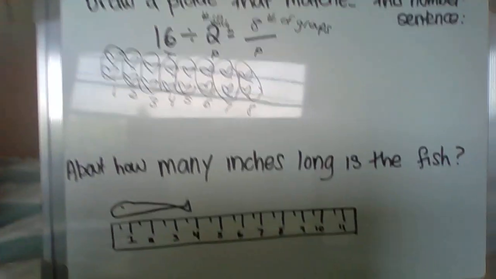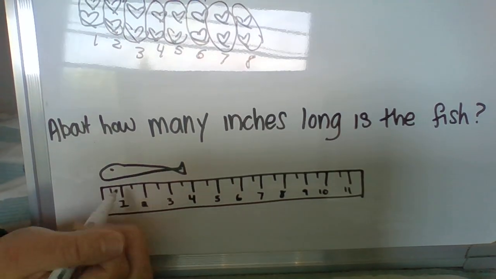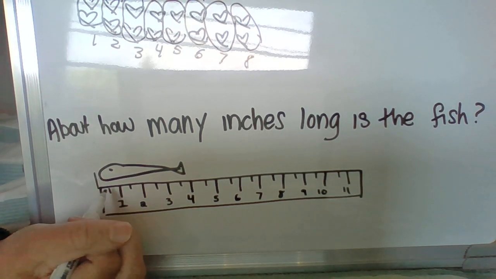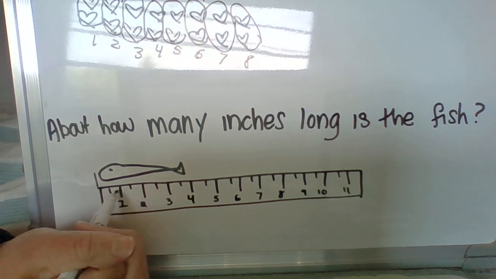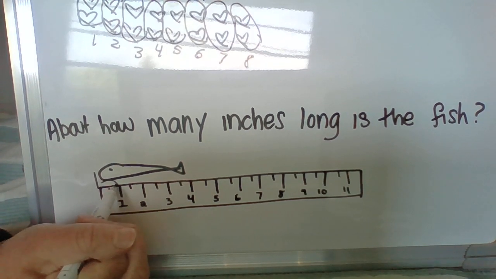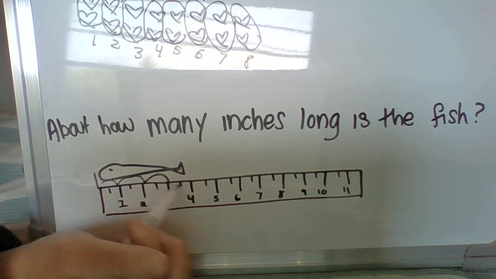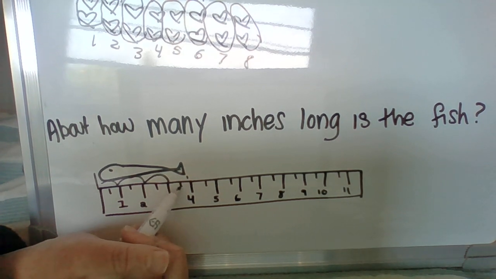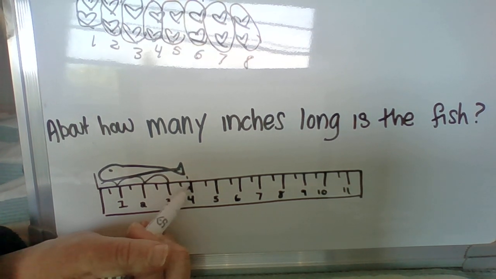All right. So when I look at this fish, I see one, two, three, and then I see his tail is somewhere between three and four.